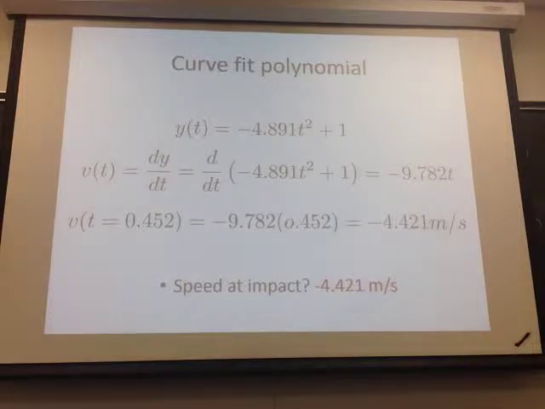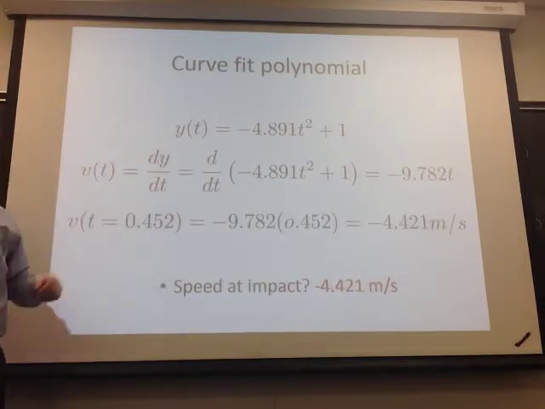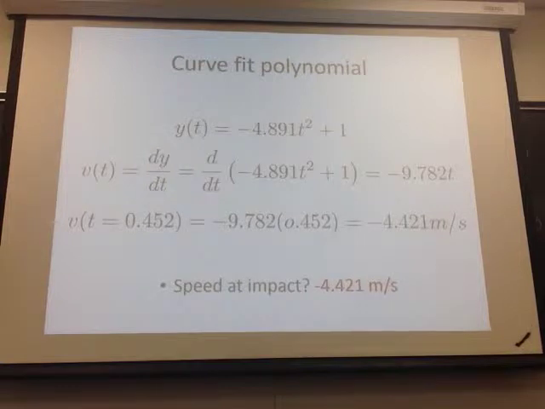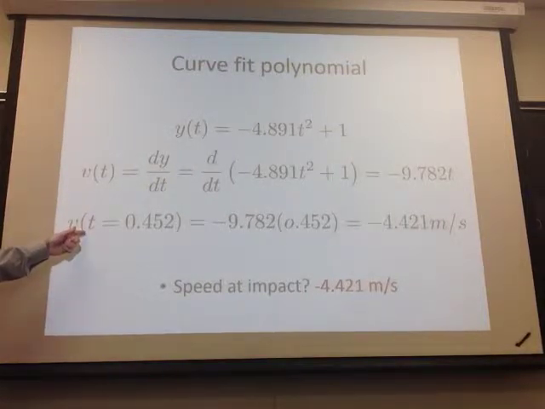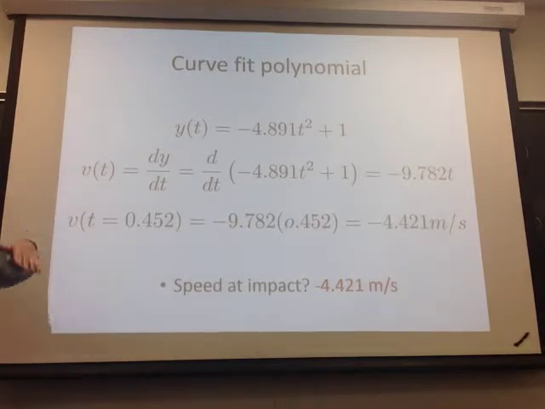All right. So that's the derivative of y with respect to t. And the derivative of y, the change in y with respect to time, is the velocity. We can take the derivative of velocity. Right? We can just keep taking derivatives of equations.